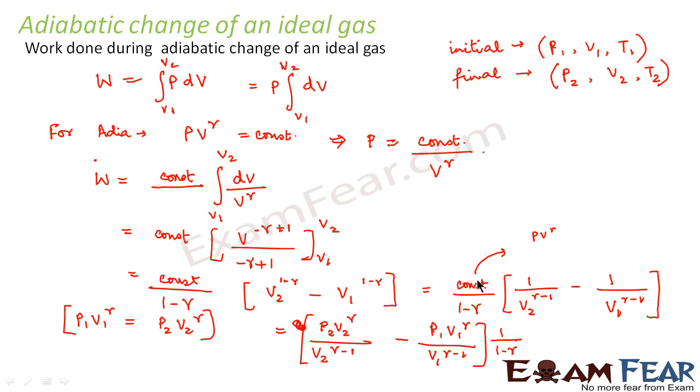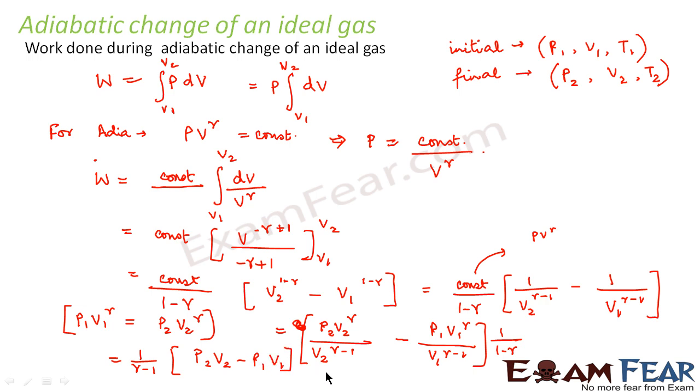What I did is, this constant I entered here as well as here, and instead of the constant I wrote P2 V2 to the power gamma and P1 V1 to the power gamma. So this expression can be written as 1 by gamma minus 1, and inside it will be P2 V2 minus P1 V1.